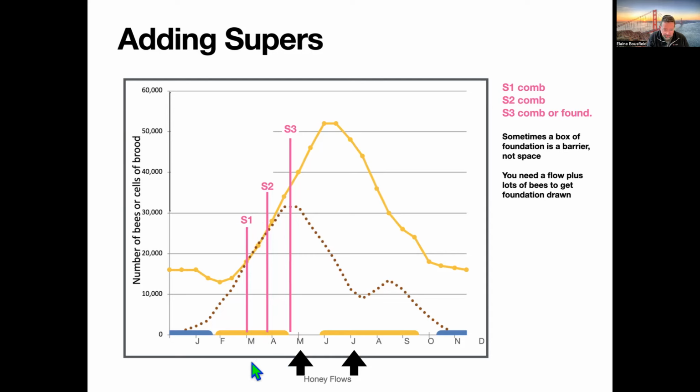At this growth rate, with national kit, you're needing to slam on supers pretty rapidly. It's about once every 3 weeks. And so by the time you get to the end of April, you could easily have 3 supers on your brood box just to deal with the population explosion that's going on in your hive.